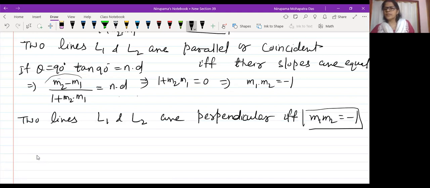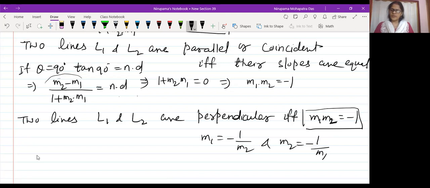Okay, the product of their slopes is -1. It means m1 is -1 by m2 and m2 is -1 by m1. It means the slope of one line is the negative reciprocal of the slope of the other line.